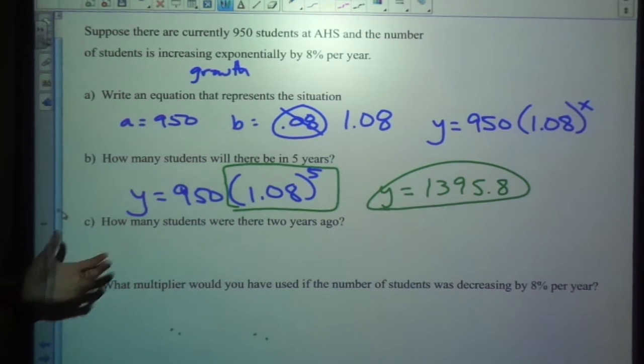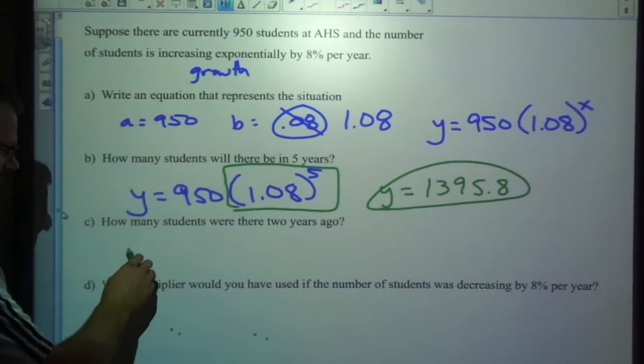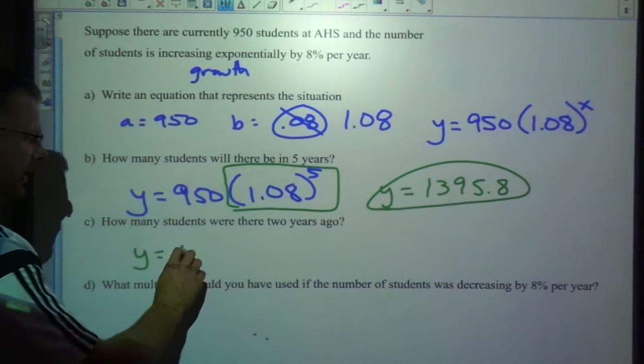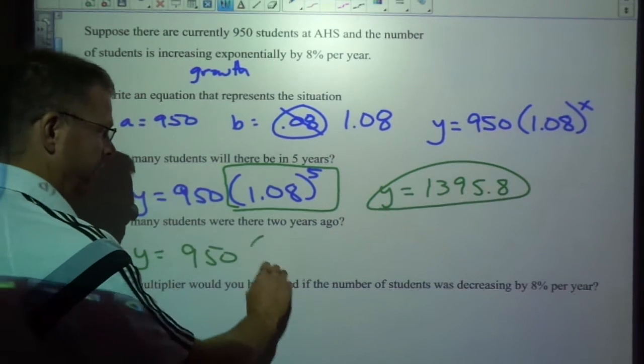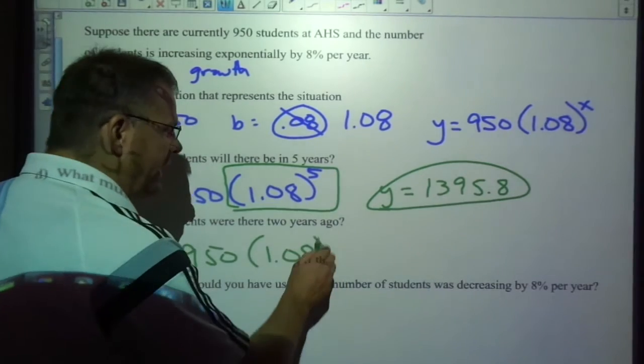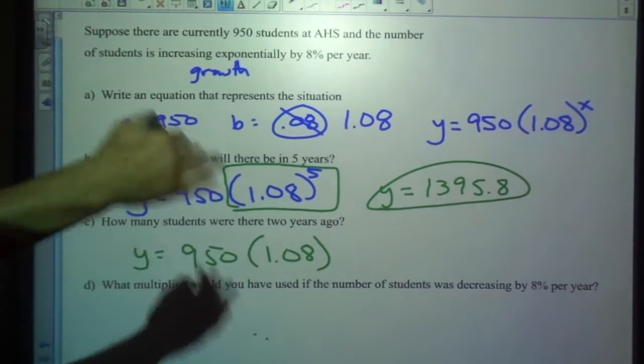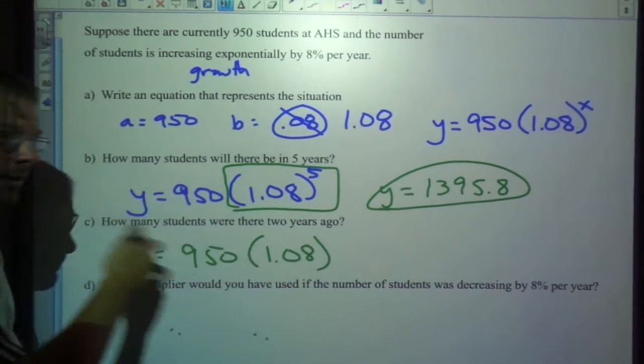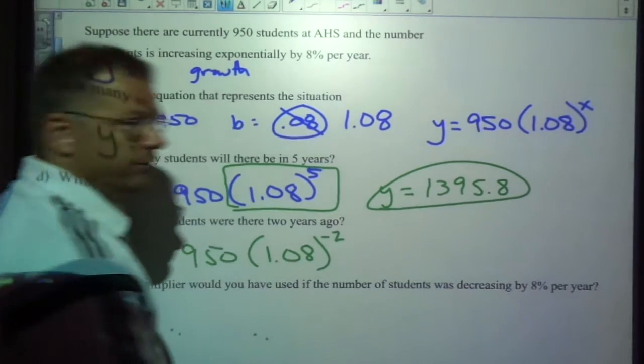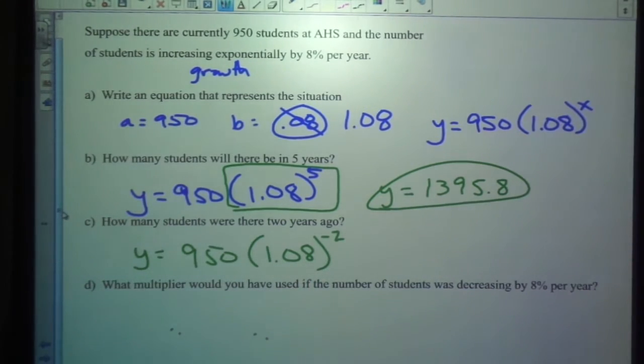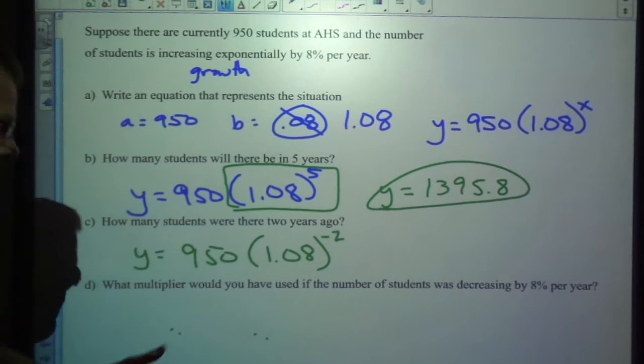How many students were there 2 years ago? Well, 2 years ago is back in time, and actually we're able to do time travel with this. But my exponent, instead of being 0, 1, or 2, it's 2 years behind that. So I'm going to put the -2 power. Anytime we're going back in time, we can do a negative exponent.